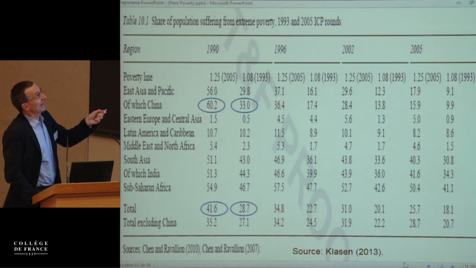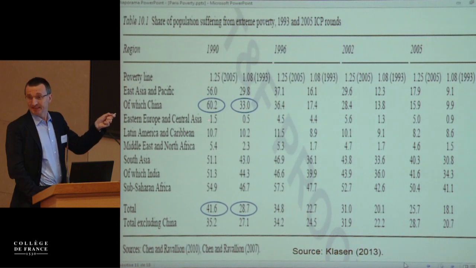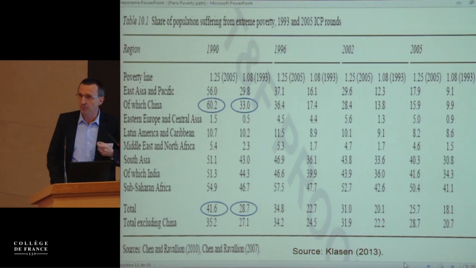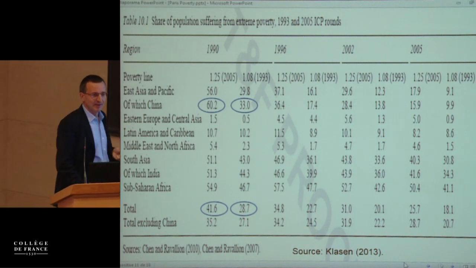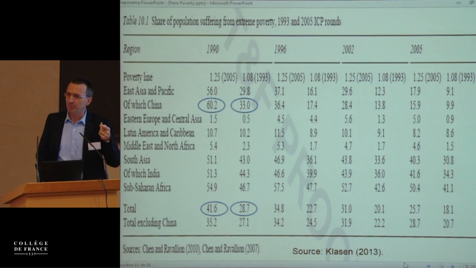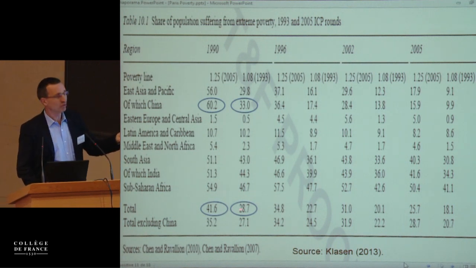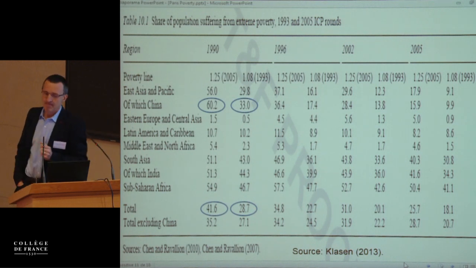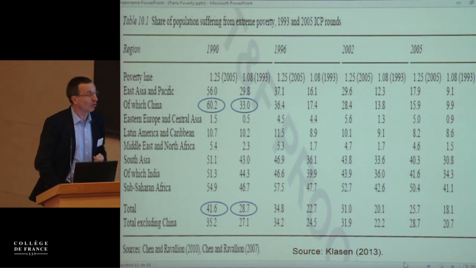China in 1990 went from 33% poverty to 60% poverty, just overnight, just by using this new poverty line. And the world went from 29% to 42%. And so actually our Millennium Development Goal of halving world poverty was no longer halving 29, but halving 42, which is quite a different story.